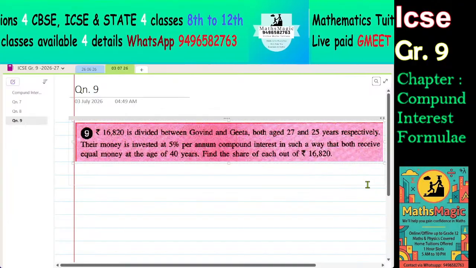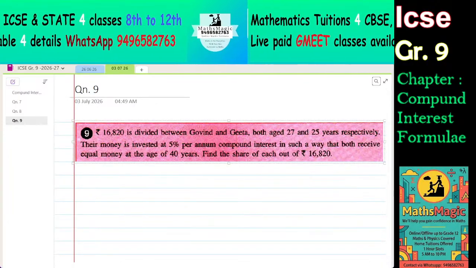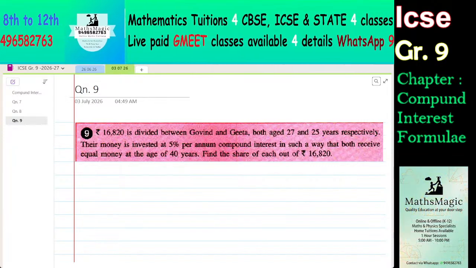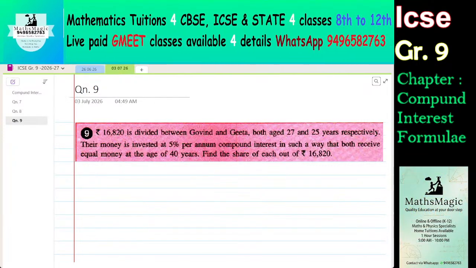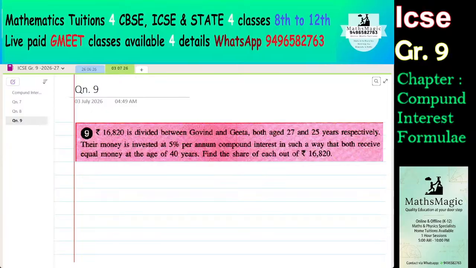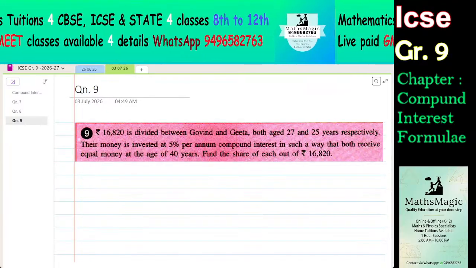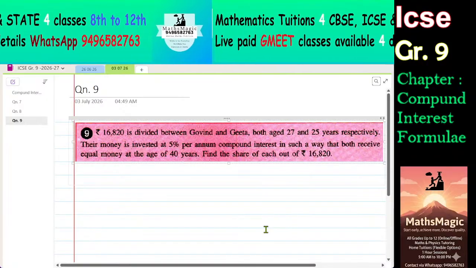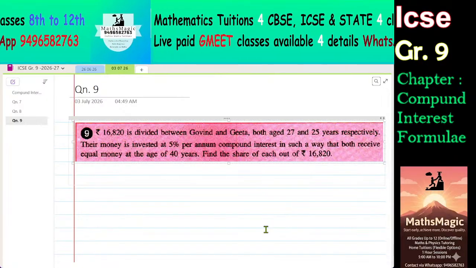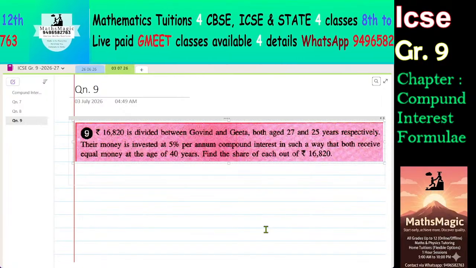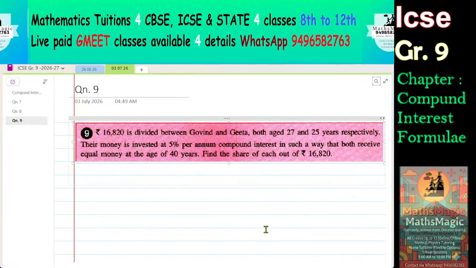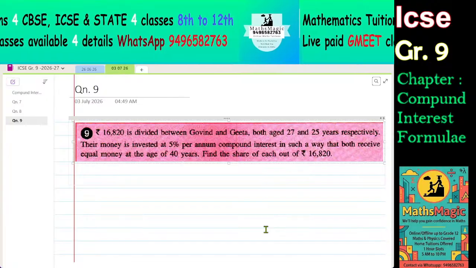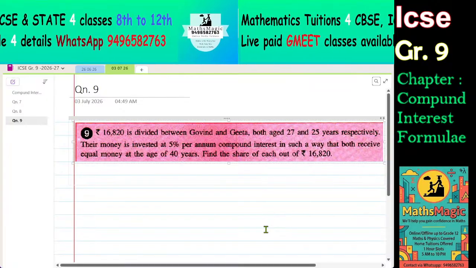For those who have started, just stop now and listen to what I have to explain, and you can proceed afterwards. So all of you have to read the question. 16,820 is divided between Govind and Geeta, both aged 27 and 25 years respectively.